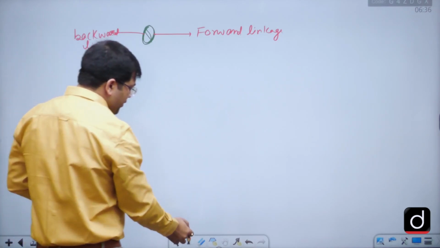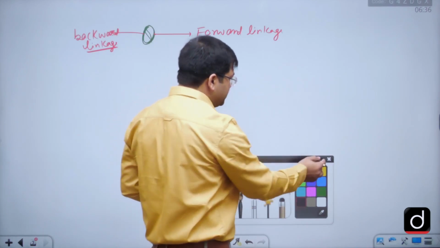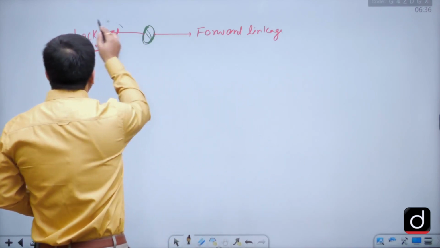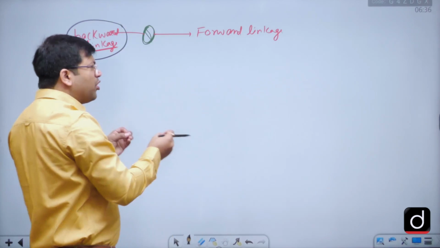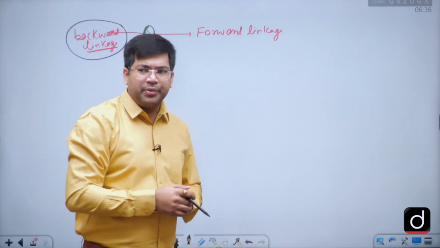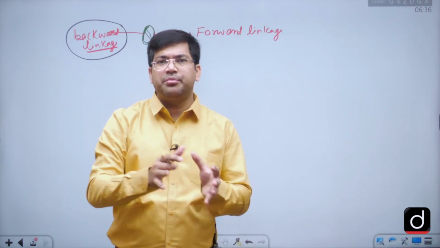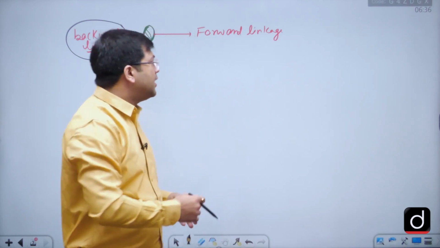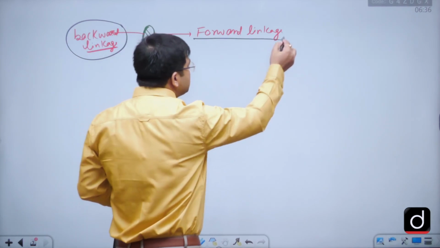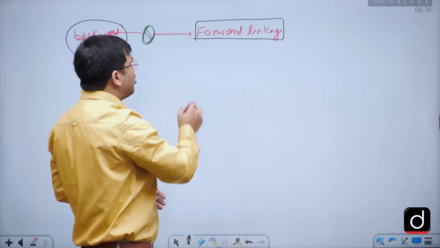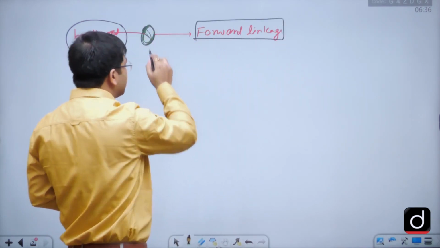Backward linkage means the background of the topic, the development of that topic, the historical perspective of that topic. And forward linkage means the futuristic approach of that topic, and this is your topic.